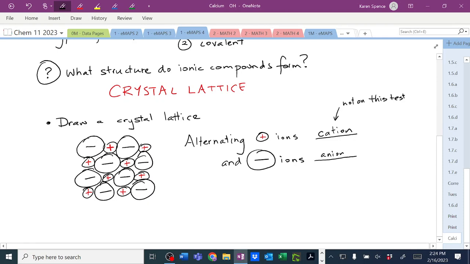Now, for anion, you can remember it because you have A, so A for anion, and then N for negative, ion. Or you can think it kind of looks like onion. And what do onions do? They make you cry, which is kind of negative, okay? So either way, they're not on this test, but they will be coming up in the future. So when we have our calcium and we have our hydroxide, which one is the cation and which one is the anion?